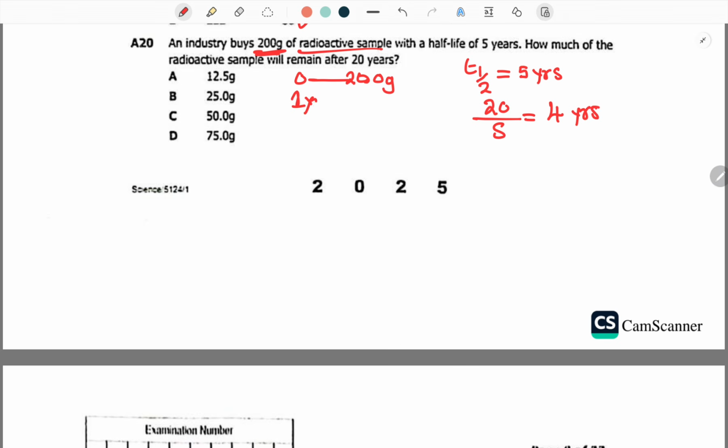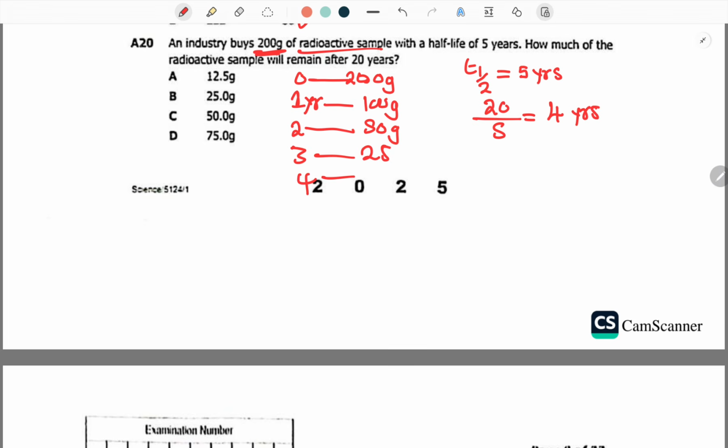At 1 year, you reduce by half, so 100. At 2 years, you reduce by half again, which is going to be 50. At 3 years, 25.